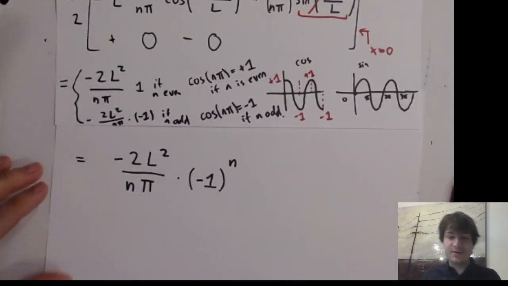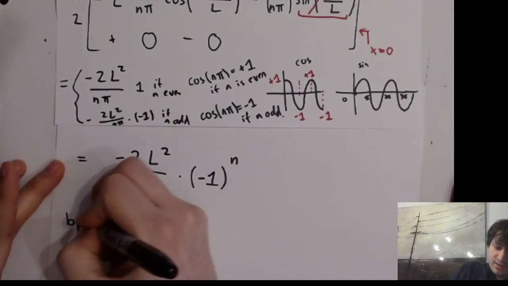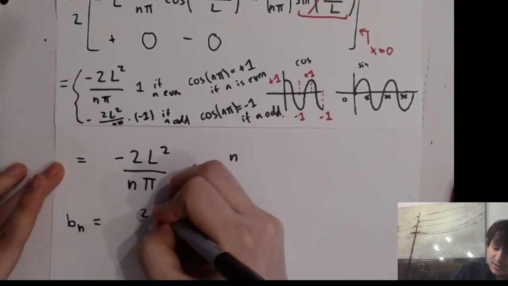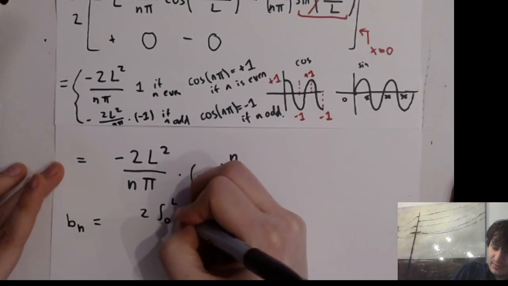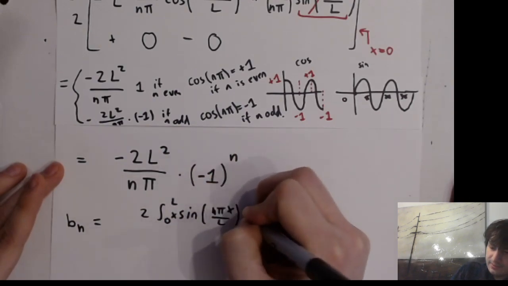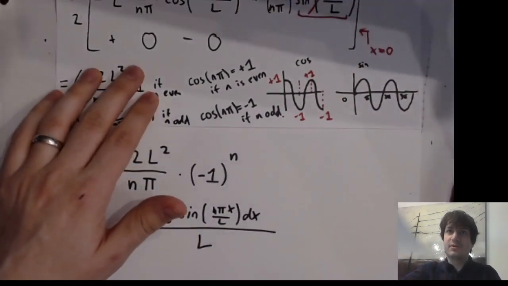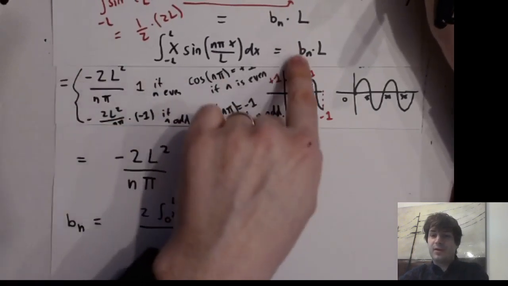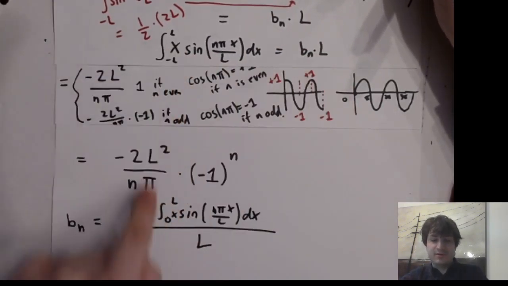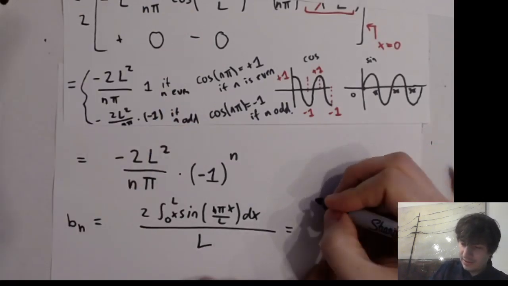Okay, so that was the integral. That was twice the integral, and bn is equal to 2 times the integral from 0 to L of x times the sine of n pi x over L dx, over L. So remember, if we go back to our earlier thing, bn times L was this integral, so bn is the integral divided by L. So I would write it like this.